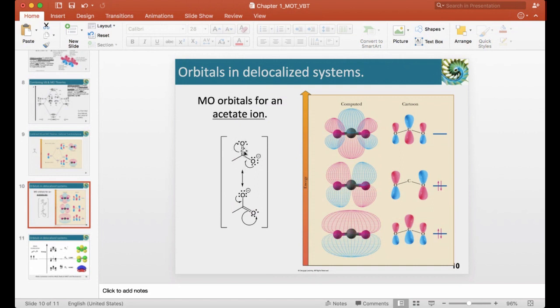So we have a carbonyl here, sp2 oxygen, sp2 carbon, and there is an oxygen here that you now know from Chem 2110 is also sp2 hybridized. Remember, whenever you have atoms with lone pairs next to a double bond, that atom will be sp2 hybridized as well.